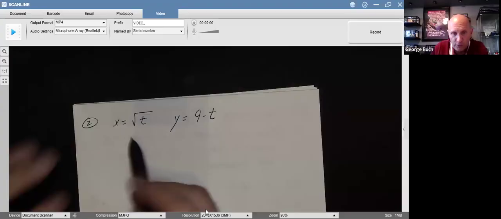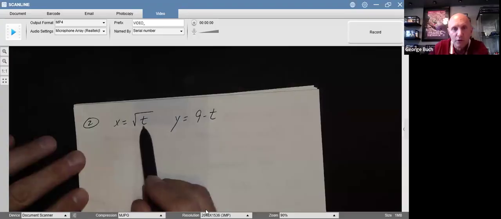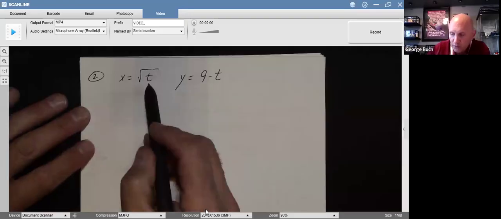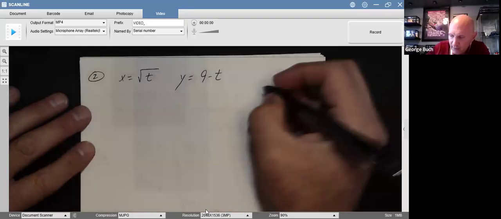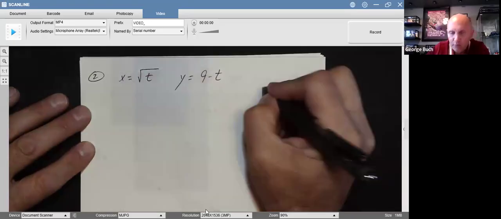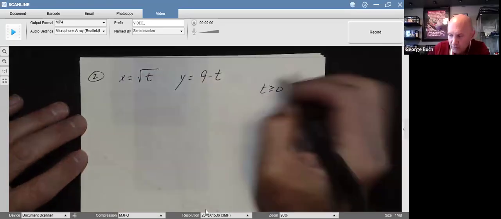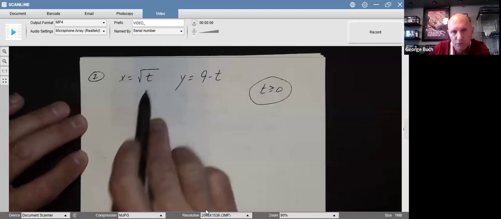Because x is the square root of t. If we use our properties of domain, that means t has to be greater than or equal to 0. Again, it doesn't tell us that in the problem, but we can figure that out because I can't have negative square roots.